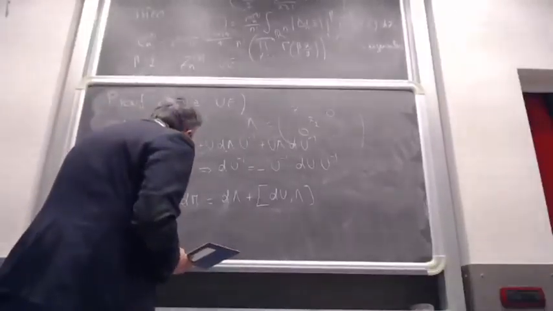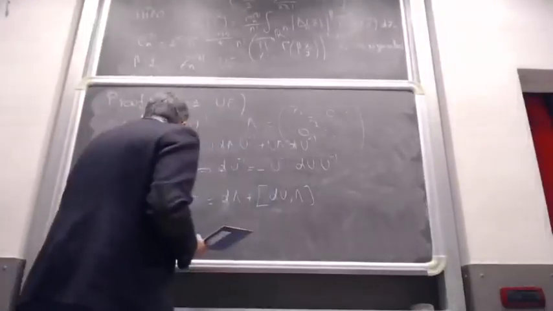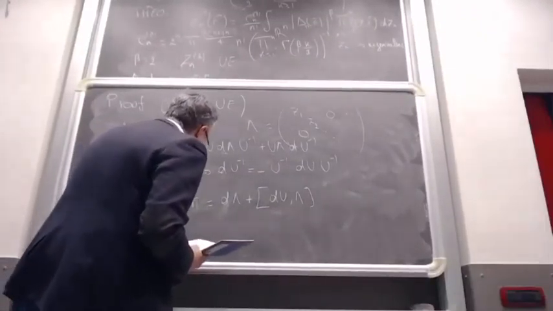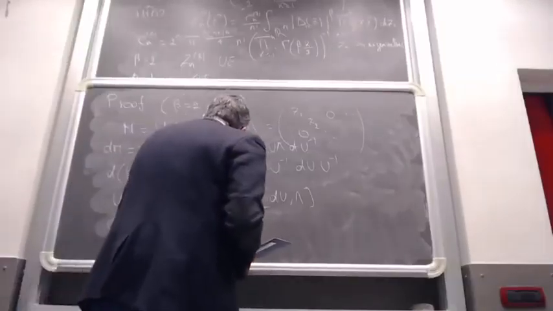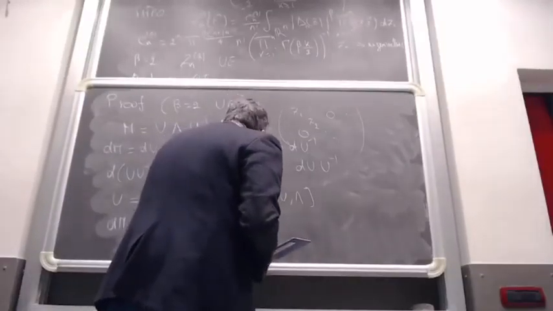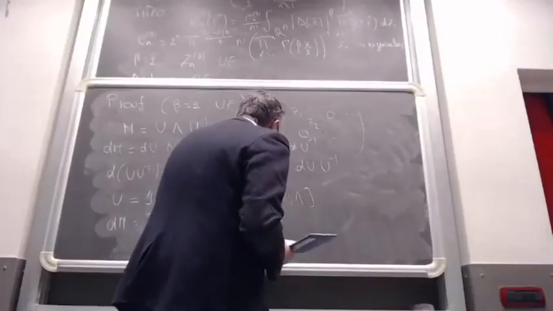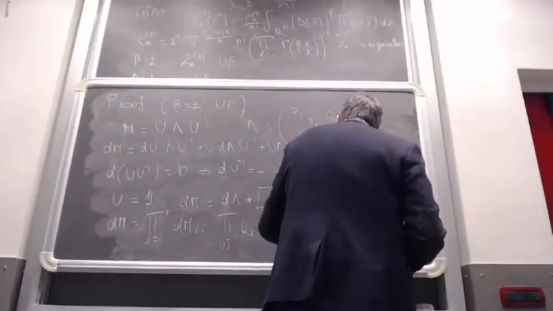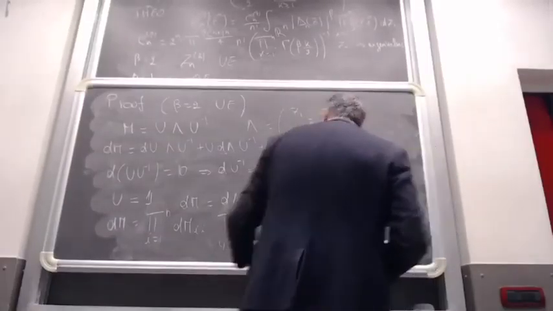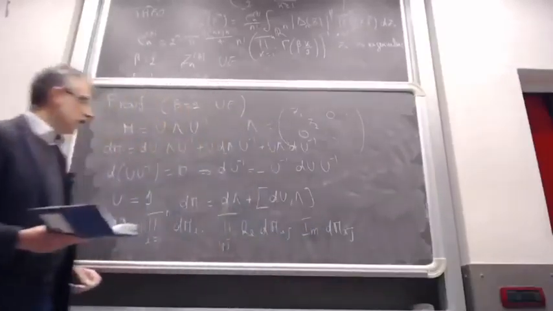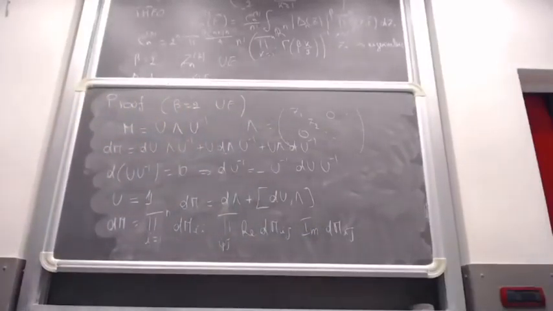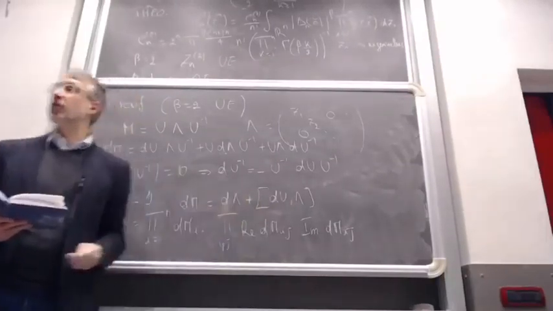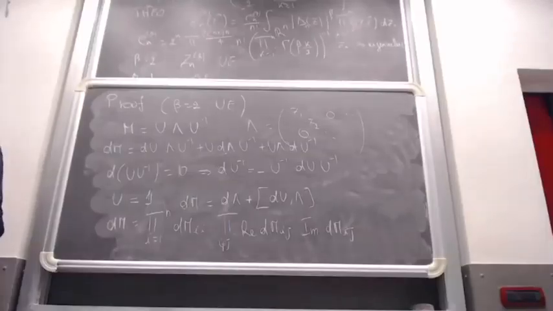This is the product over i from 1 to n of the diagonal part, times the product over i different from j of the real part of dM_ij times the imaginary part of dM_ij. So essentially we need to calculate all the components of dM in terms of this right hand side.